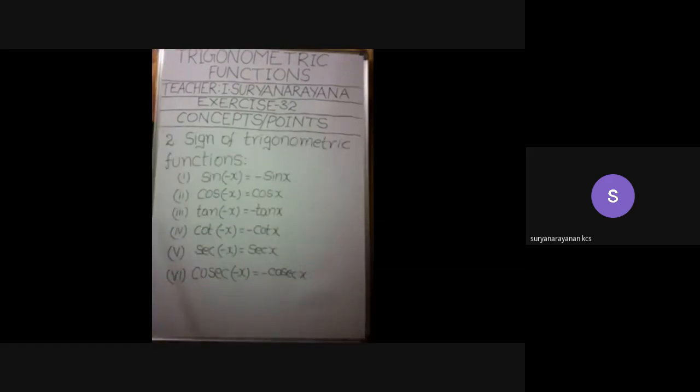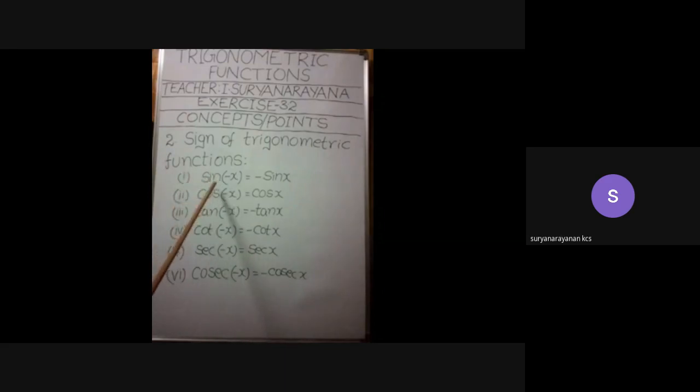Now come to the next point, that is sign of trigonometric functions. In this point, we discuss the angles. If the angle is a negative angle, then what is the sign of the trigonometric functions? Okay, my dear children.